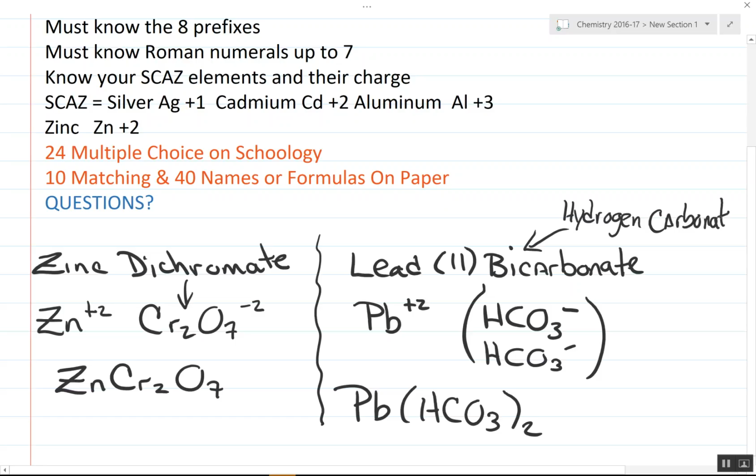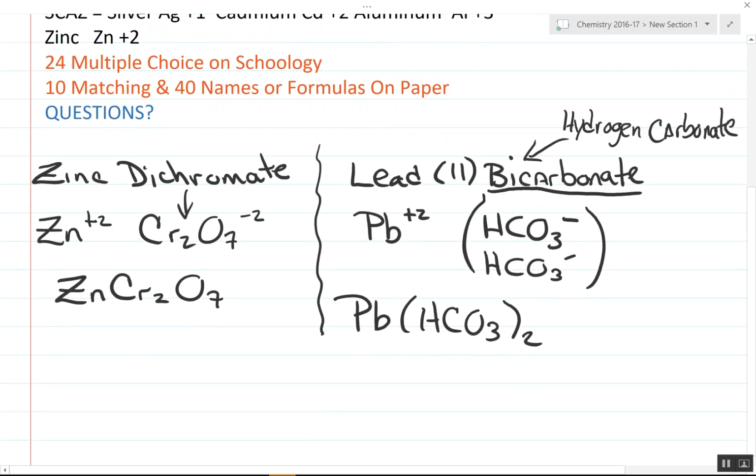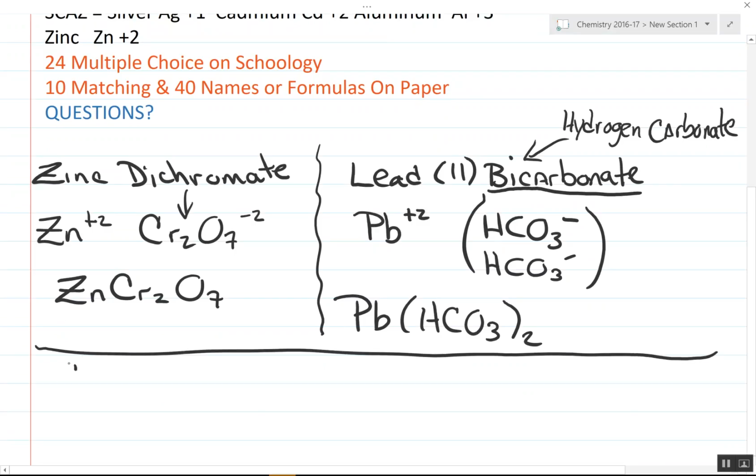When I highlighted these on the board, I think I named it bicarbonate. So hydrogen carbonate and bicarbonate are the same thing. Well, bicarbonate's become the common name of hydrogen carbonate. So it's just the way they name things. If you look, carbonate is CO3 -2, right?